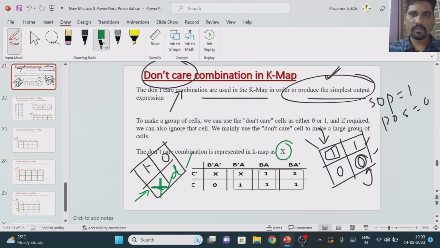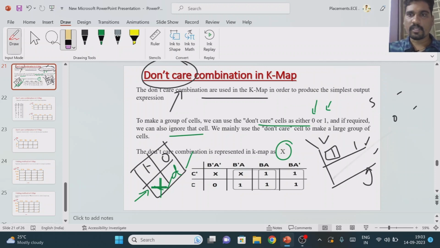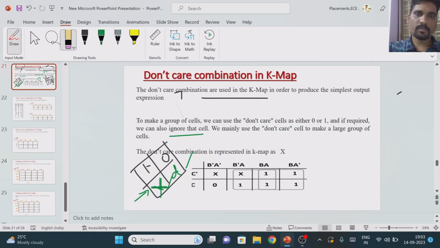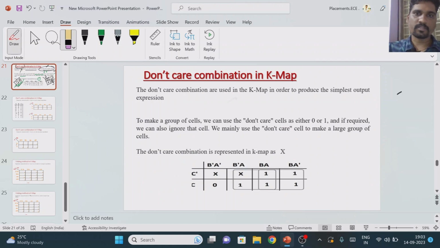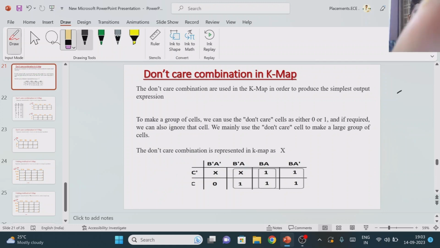If you read this statement you will understand: a don't care cell we can consider as either 0 or 1, and if required we can also ignore that cell. Try to understand this point, guys. We are going to perform the minimization operation in K-map. What is the meaning of minimization? To reduce the larger number of components to a smaller number of components.